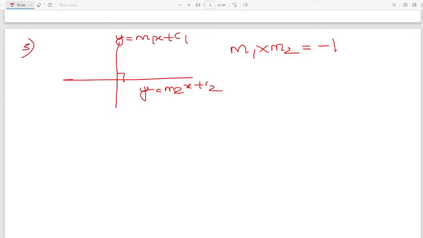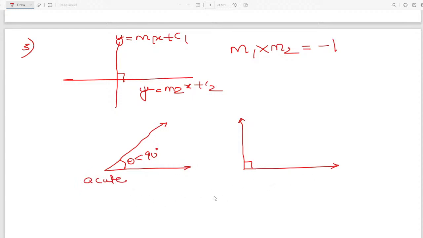When two lines are intersecting, this is one line and this is another line. The angle theta that they make, if it is less than 90 degrees, is called an acute angle.